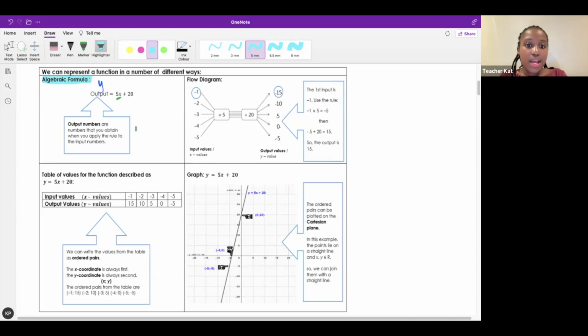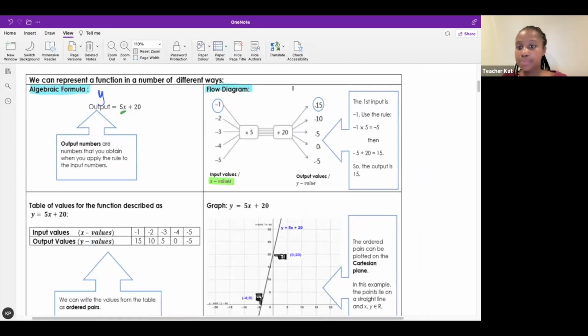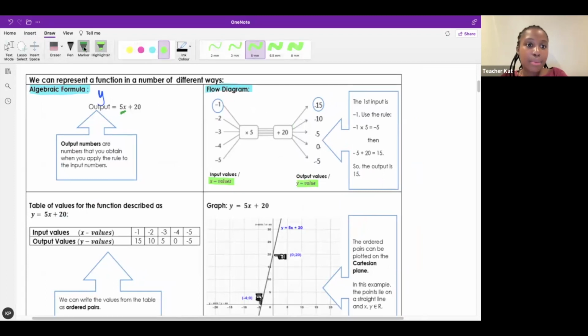All right. The second one is the one we started off this section with, and that is my flow diagram. Just to remind ourselves how this worked, we would have our input or x values on the left-hand side, and then our output values. Let me zoom in a little bit. There we go. Our output or y values are on our right-hand side, and in the middle of my flow diagram is the function.